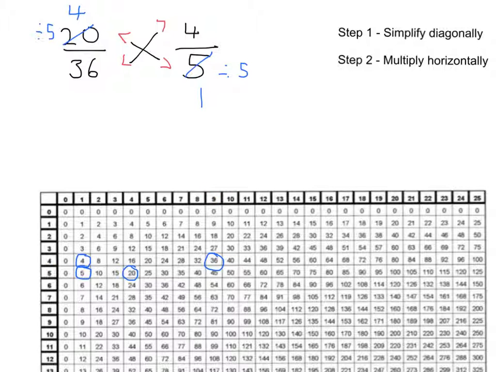So we can go ahead and write that as well. So 36 divided by 4 is 9, and 4 divided by 4 is 1.